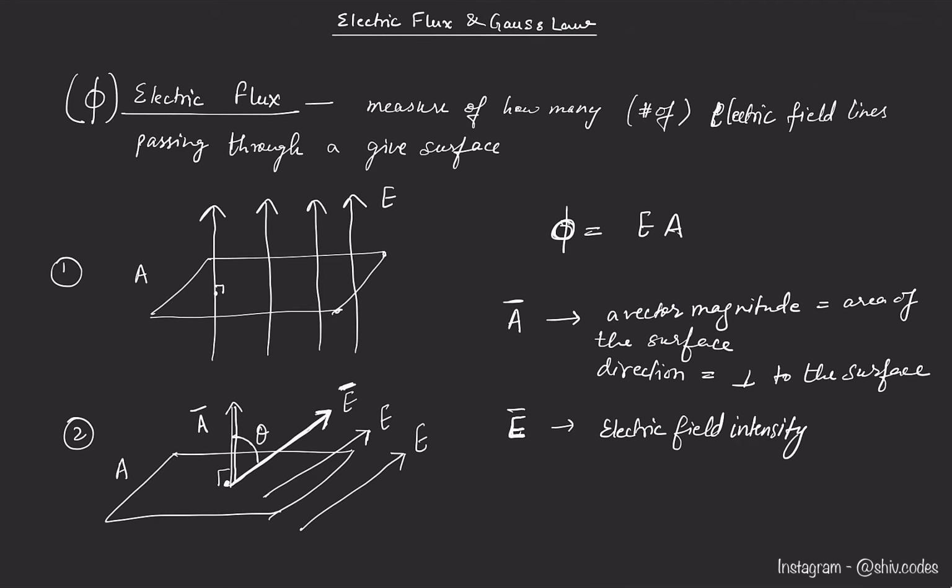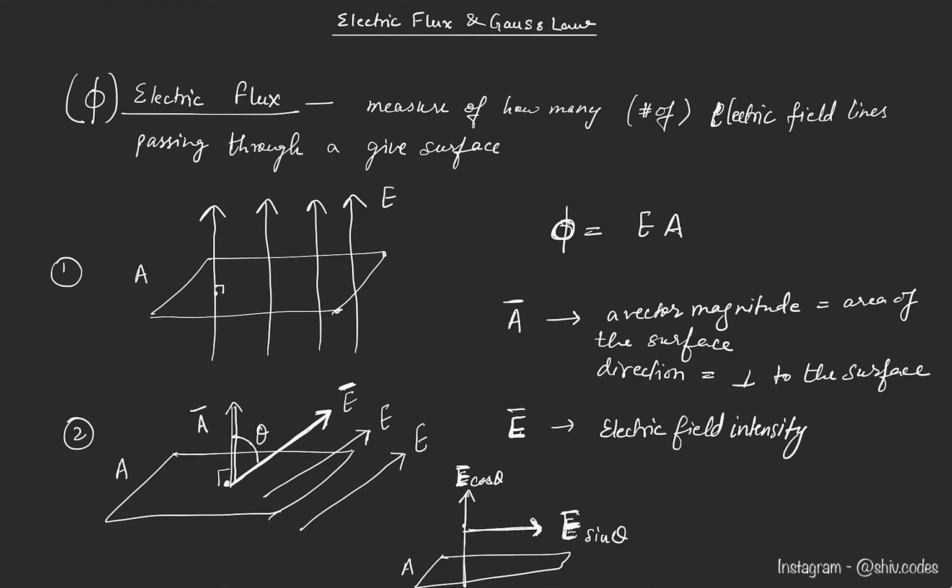So we can make two components of E dash. E dash sine theta is parallel to the sheet A, so it's not actually passing through sheet A, while E dash cos theta is perpendicular to sheet A. So the perpendicular component is the one passing through the sheet, and the parallel component is not.